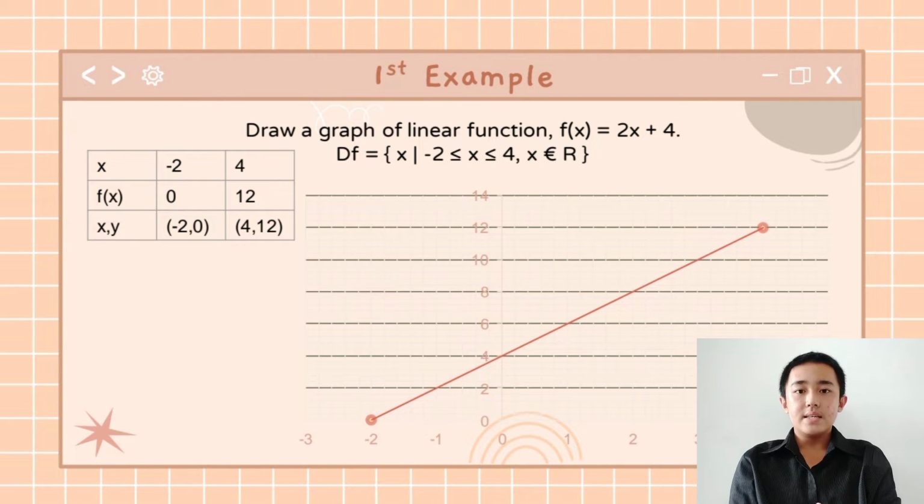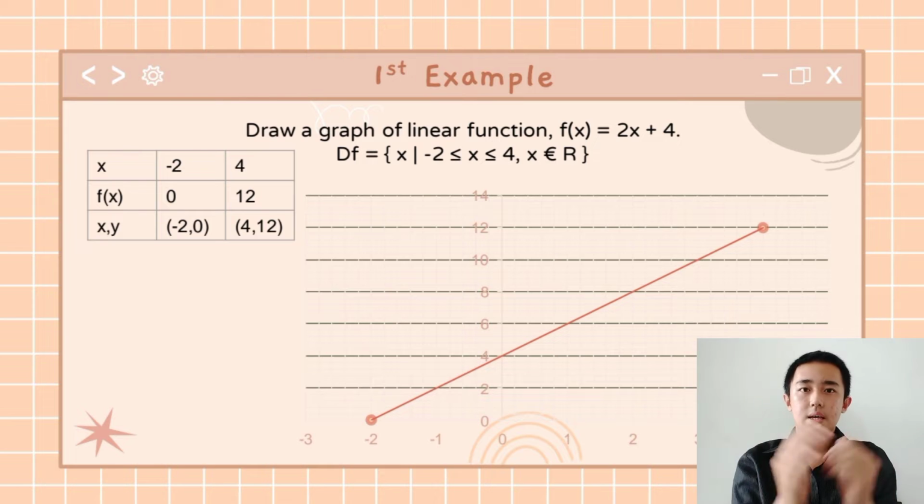But the difference is that if it's real numbers, we only need to include the limiting numbers of the domain, and not every number. That is -2 and 4. Even though 4 isn't included, we need to input it because for real numbers we only use the limiting numbers, the boundary numbers, okay?